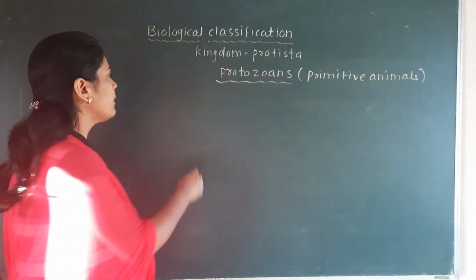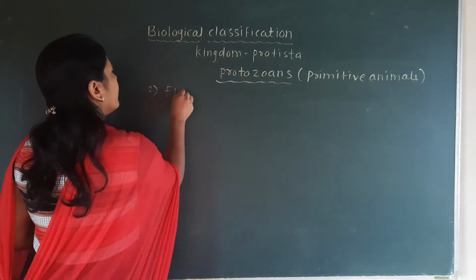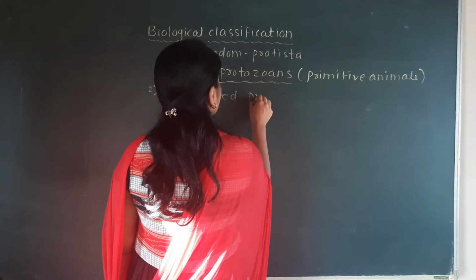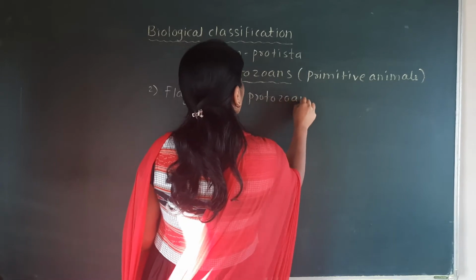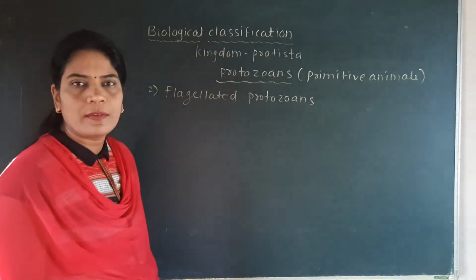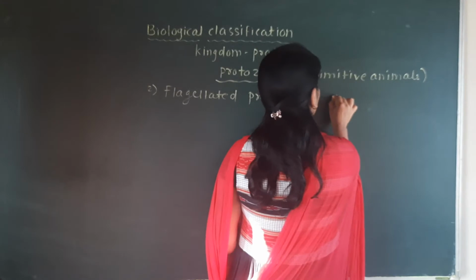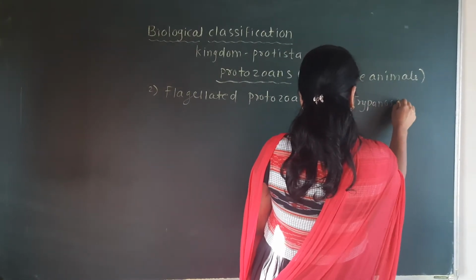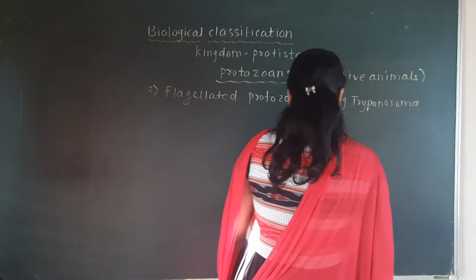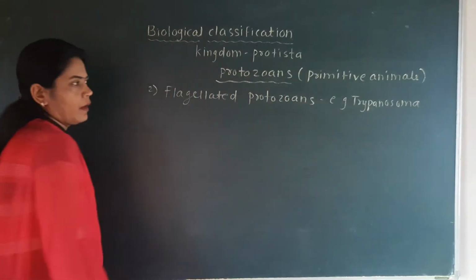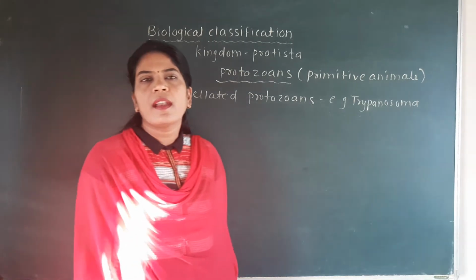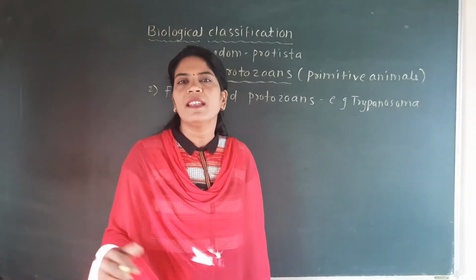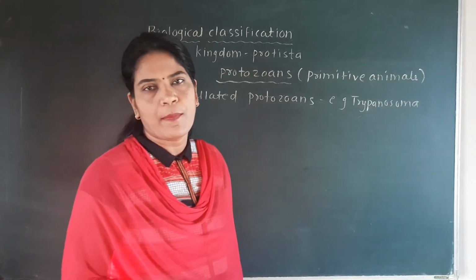The second group is called flagellated protozoans. An example of these flagellated protozoans is the trypanosoma. Now there are a number of examples of flagellated protozoans, but one example is given in NCERT, that is the trypanosoma.